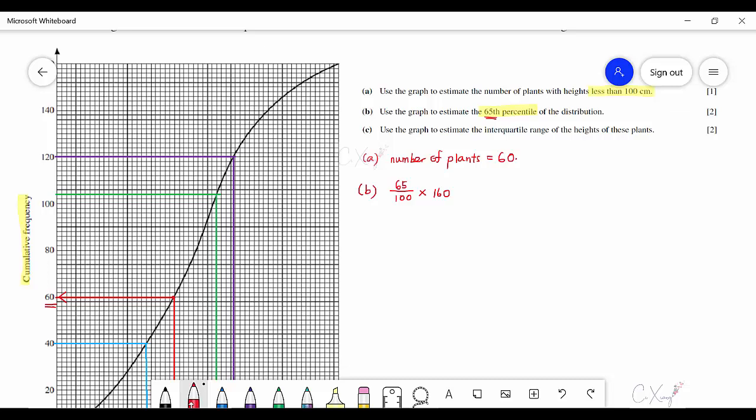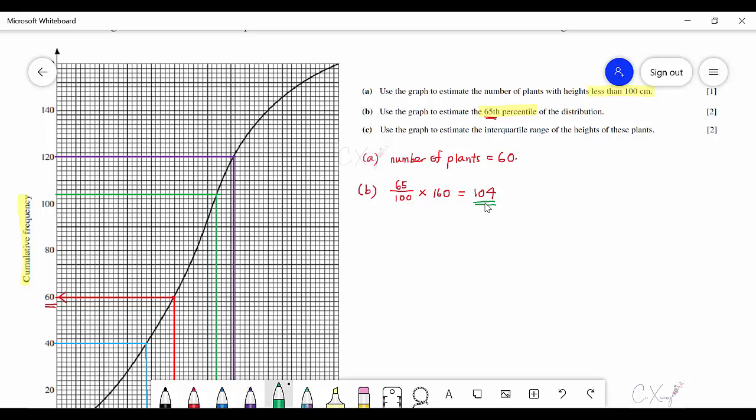To estimate the value from the graph, first of all, for the 65th percentile, you need to take 65% multiplied by the total number of plants, which is 160. You need to know what this value is first, and you should get 104. So you need to read the value from the graph starting from 104. Please take note that this 104 is our cumulative frequency.